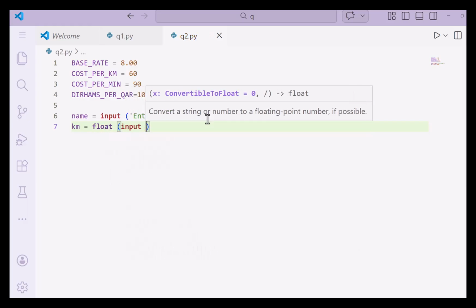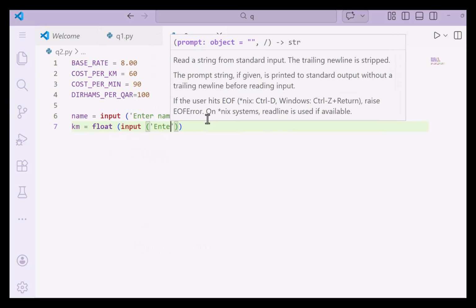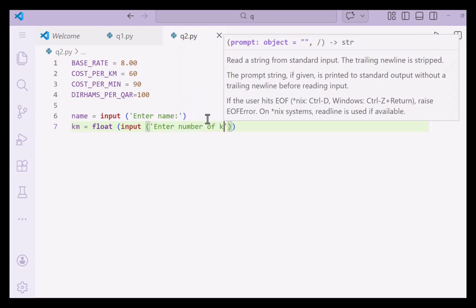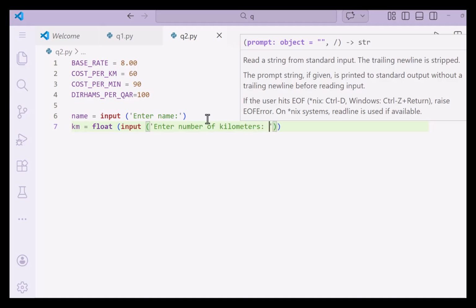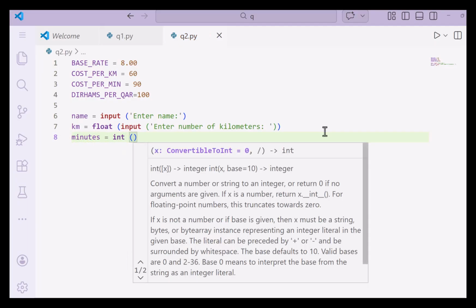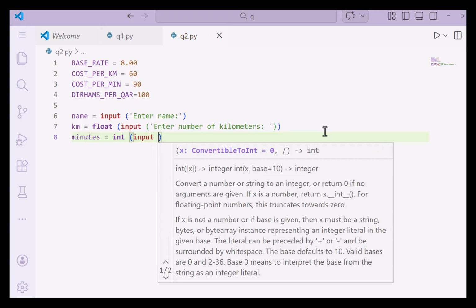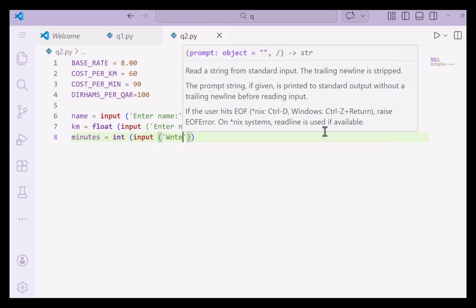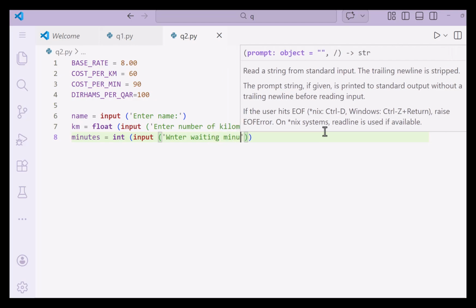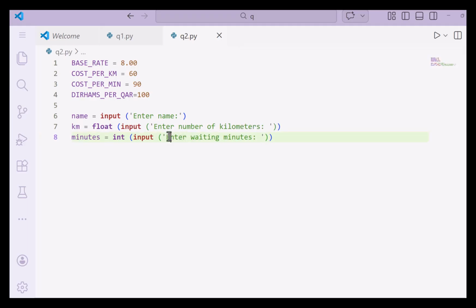It's not a rule, but I believe it's a float. Enter number of kilometers, and here I would say minutes, which is integer, input, and enter waiting minutes. Good. And here, let me just modify this to enter.